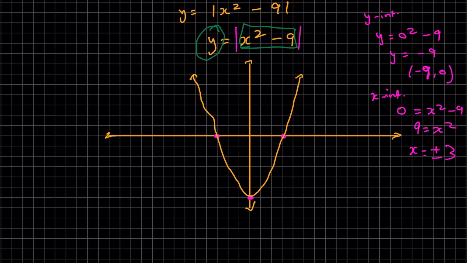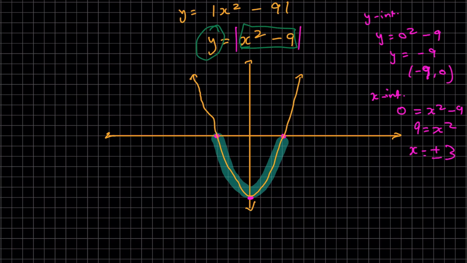Now, do we have a region on this graph where our y values are not positive? Well, yes, we do. This entire region over here, our y values are negative, and we know that this is not possible for a modulus graph. So what this means is that we are meant to flip this region across the x-axis.